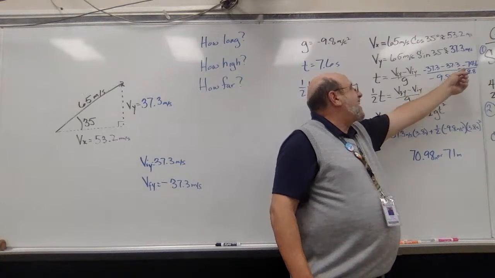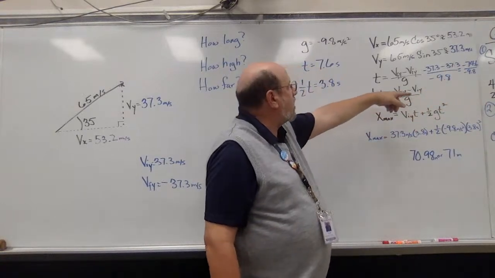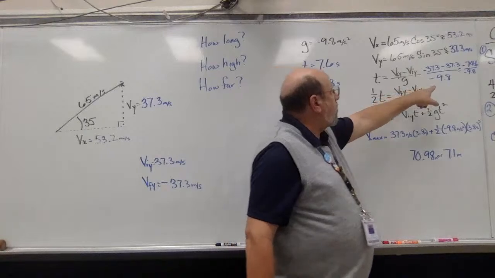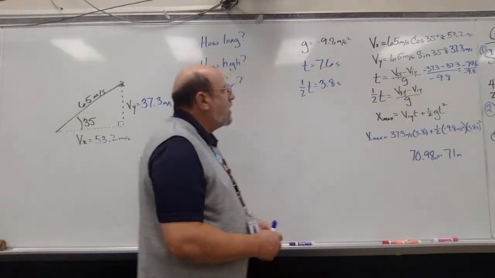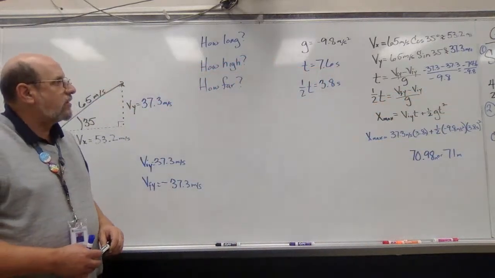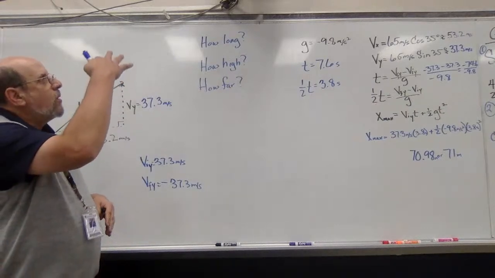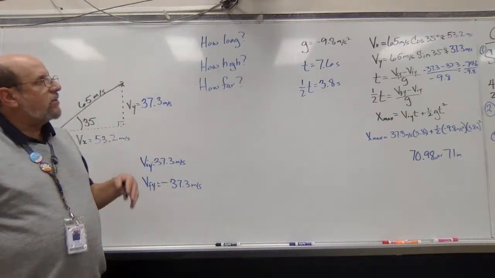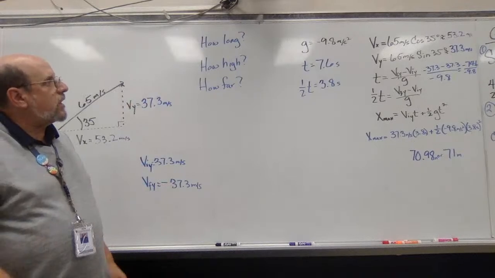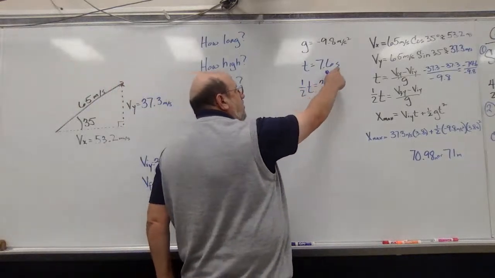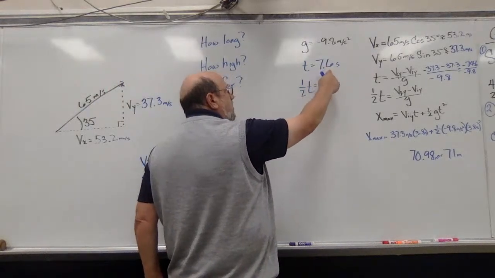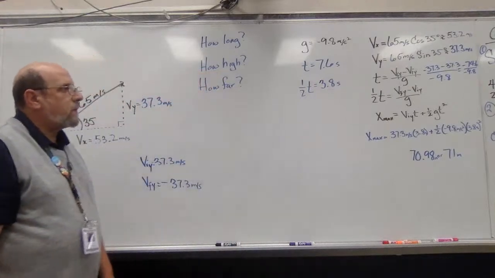So I get negative 74.6 meters a second. And I'm going to divide by gravity, which is negative 9.8 meters a second squared. And so meters a second divided by meters a second squared leaves me with seconds. And that value is actually 7 6/10 seconds.